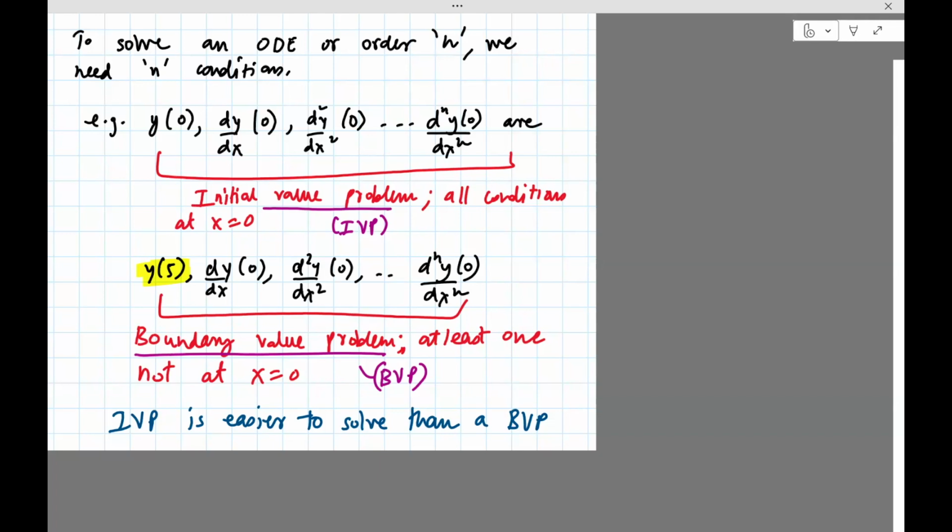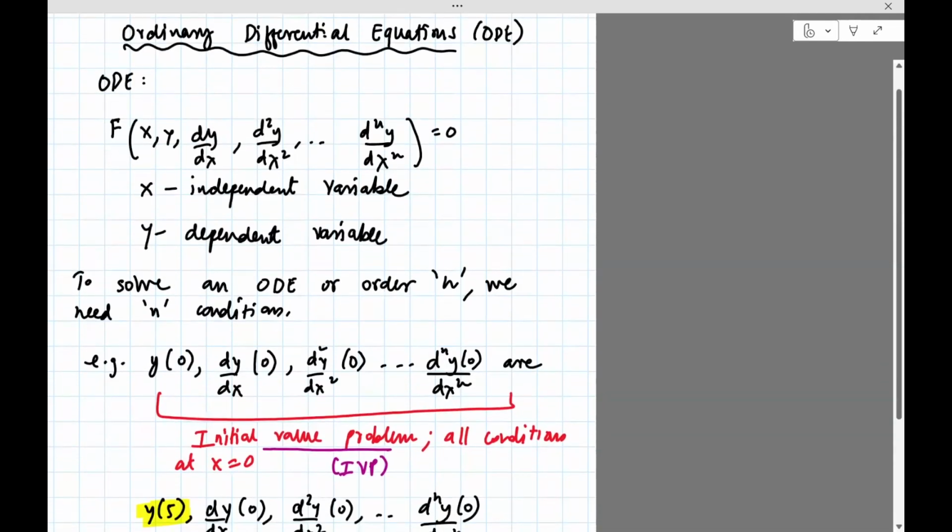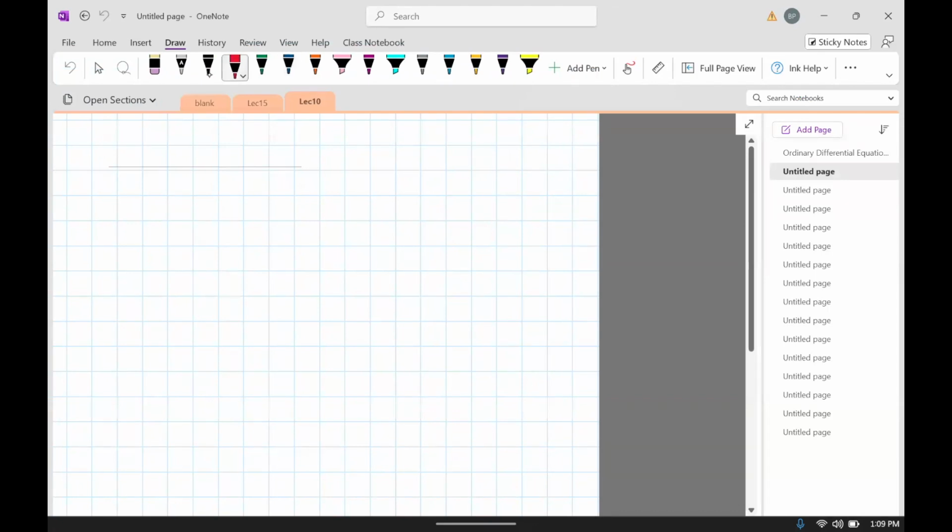Now there's one more thing before we go to the methods. When you're given an nth order equation like the one I wrote down here, you want to always break it down into n first order equations. So this equation here is the nth order equation. You always break it down to first order equations. Once you break it down to first order equations, we have tools to solve those.